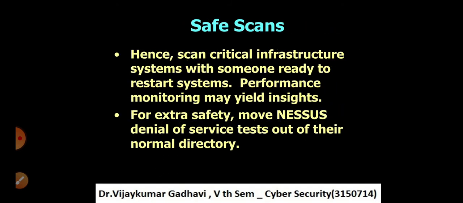For a safe scan, the method is to scan critical infrastructure systems with someone ready to restart the system. Performance monitoring may yield insights. For extra safety, move Nessus denial of service tests out of their normal directory. The normal directory means the path where exactly the data are located in your system.